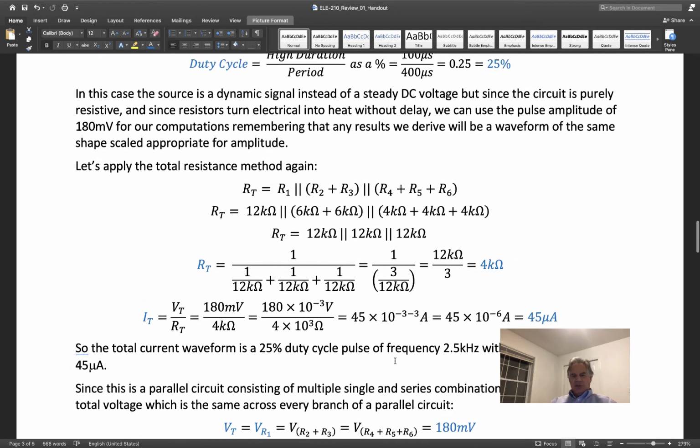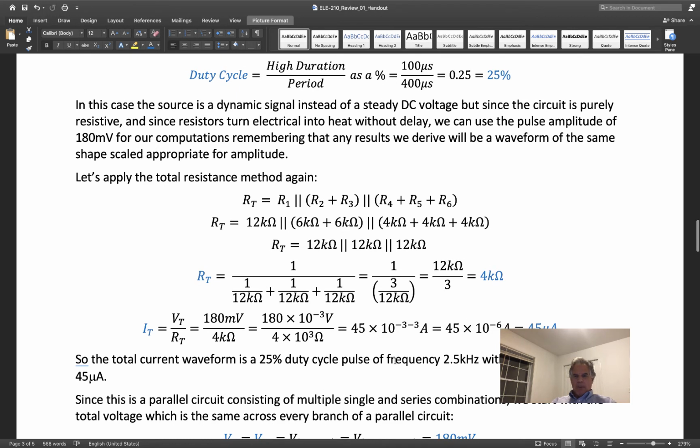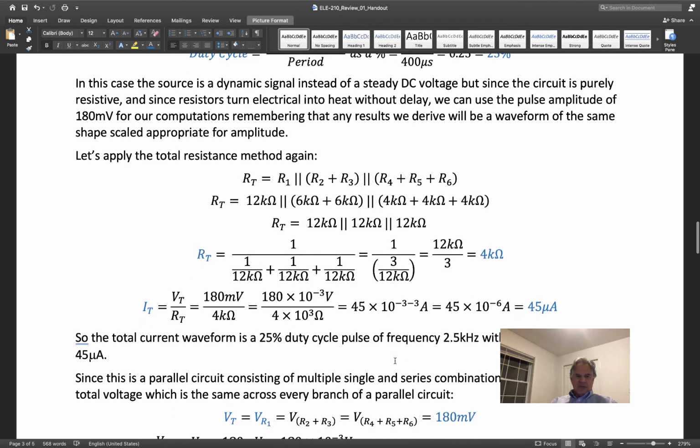So we're going to do our total resistance method. So let's apply the total resistance method again. In this case, our total is the parallel combination of R1 with R2 and R3 in series, and with R4 and R5 and R6 in series. So R1 is 12K, and you can see how I've rigged this one, 6K and 6K for R2 and R3, and 4K, 4K, and 4K for R4, R5, and R6.